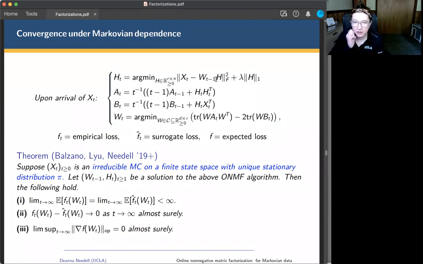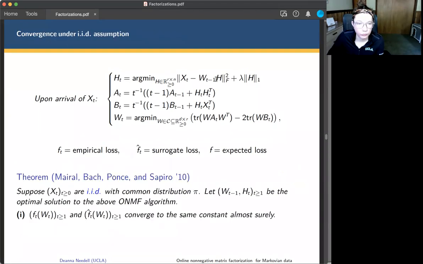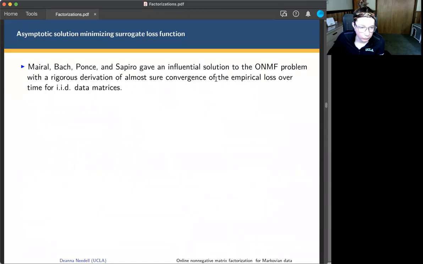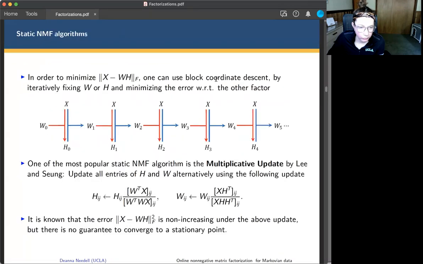Here we're still using the multiplicative update, the alternating method. Oh, okay. Can you come back to that slide then very quickly? This one? Yes.